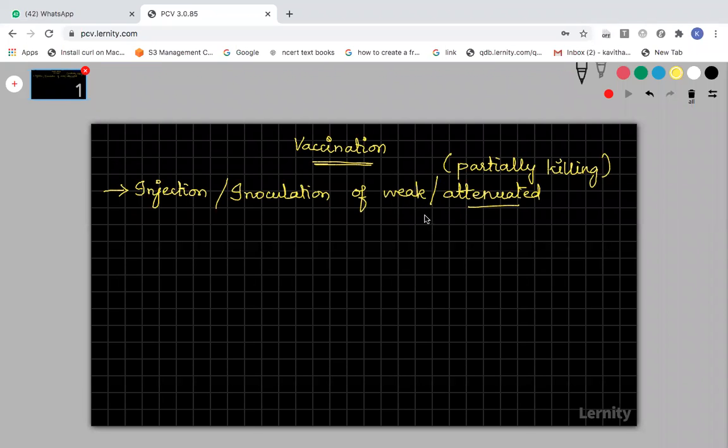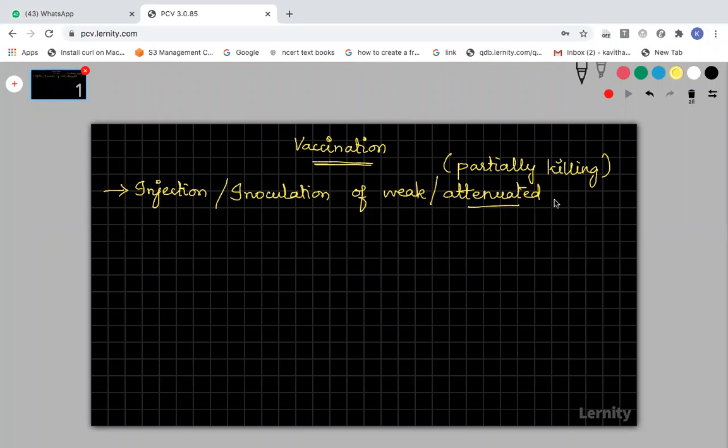For example, if you are going to give a vaccine for polio, first how will they prepare this polio vaccine? The disease causing organism for polio is the polio virus, which we call an enterovirus. This enterovirus will be weakened. The potent polio virus will be made into a weak pathogen, or allowed to undergo attenuation, which we call partial killing.